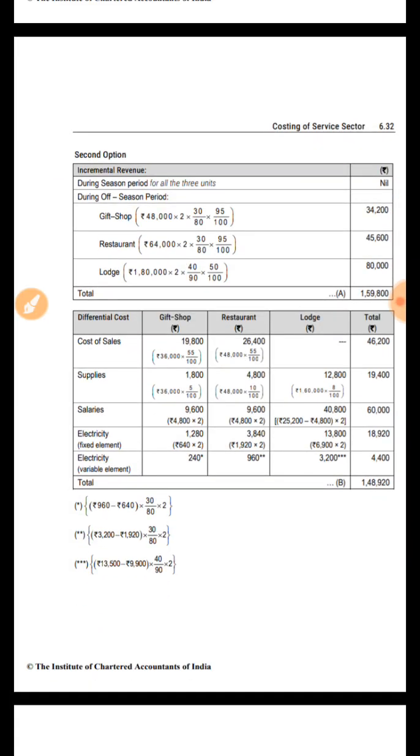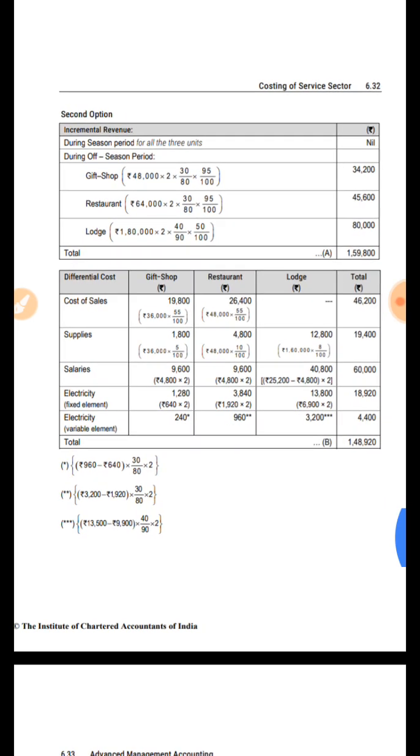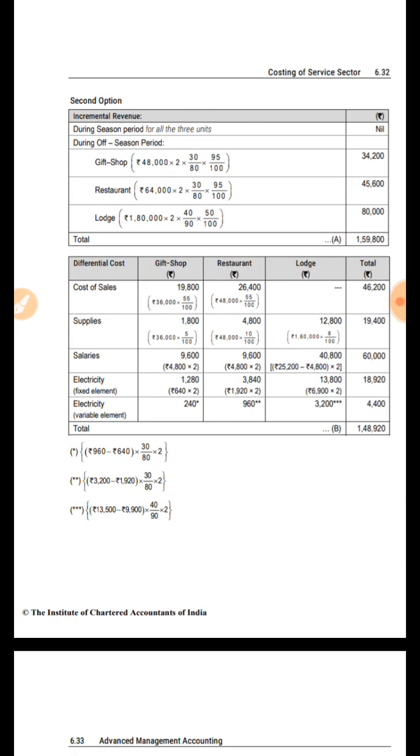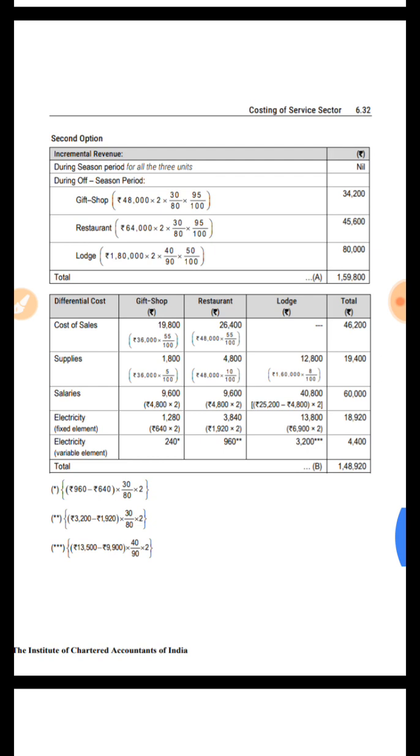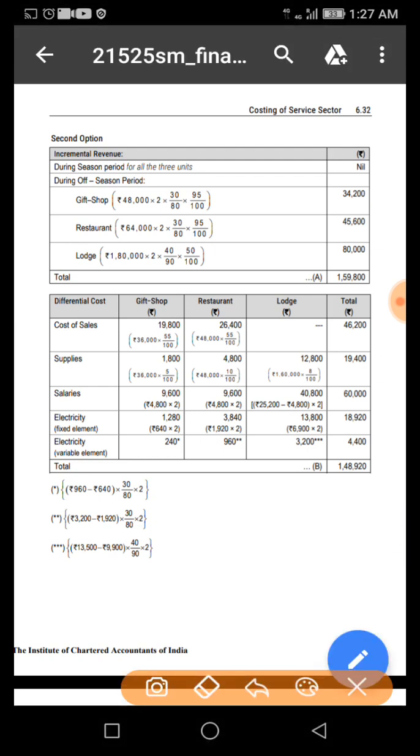So see, cost of sales, supplies, salary, electricity, fixed and variable element. So cost of sales, see 36,000 into 55%. Where has this 36,000 come from? See this 34,200 is there, no? That is 95%.